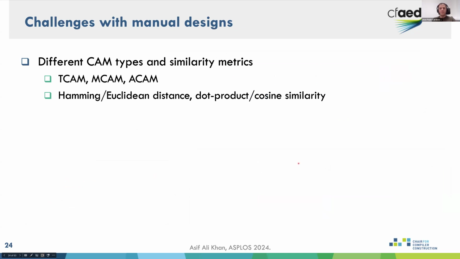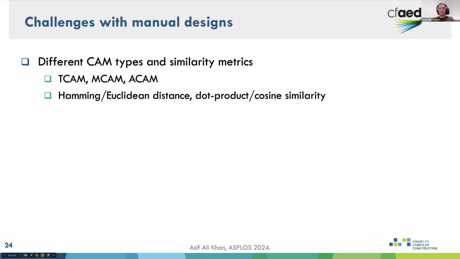On top of this programmability challenge, there are a lot of things to be considered when you are mapping to an accelerator. For instance, what are the CAM types that you have in those devices, whether they are going to be ternary CAMs or multi-bit CAMs or analog CAMs, and which type of similarity metrics this device supports.